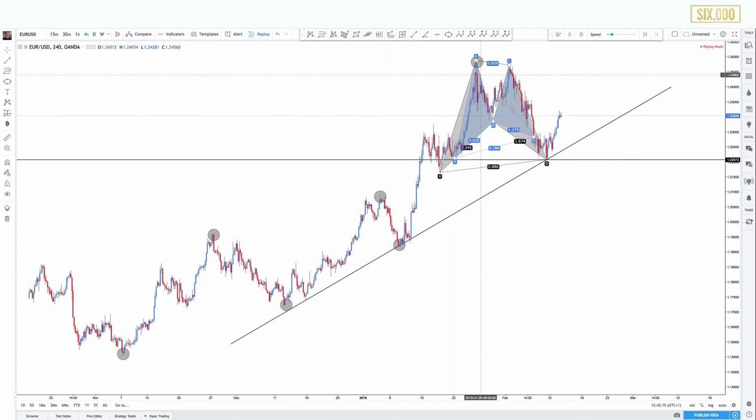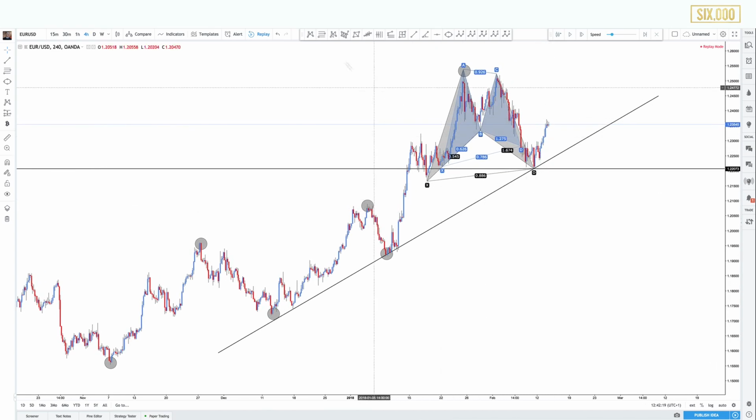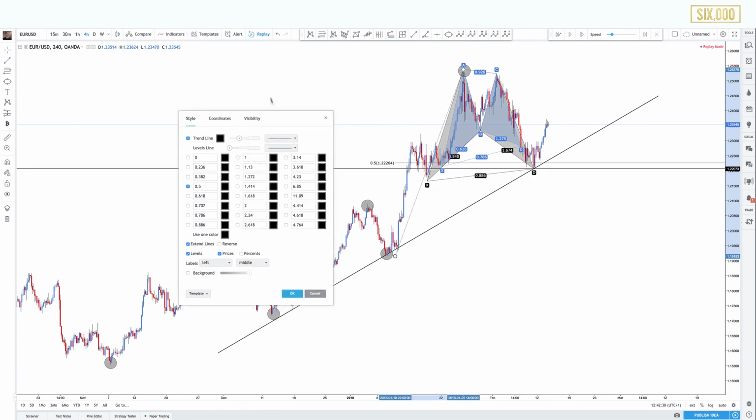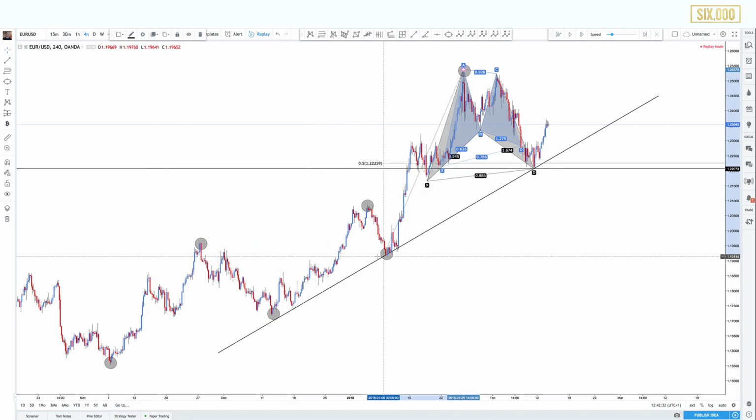We're looking to make a higher low in the market. And if I just measure from low to high with the Fibonacci retracement tool, and this wasn't pre-planned, I just want to see where this completes. We can also see that the D point of the bat pattern forms at 50% of low to high.